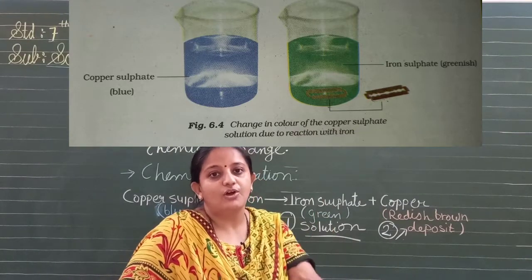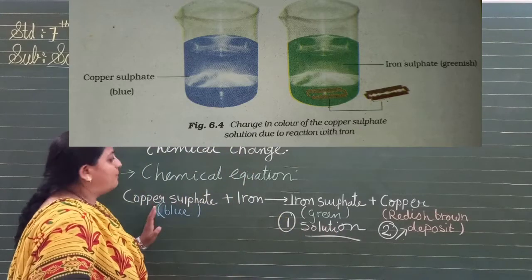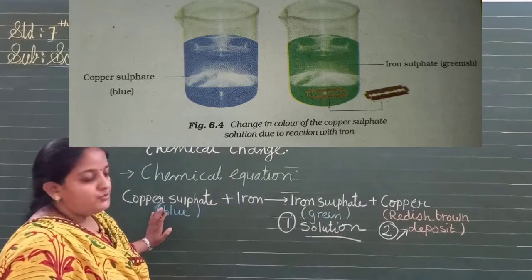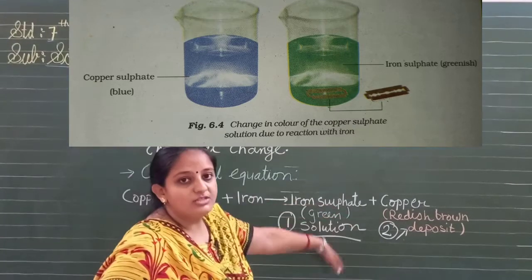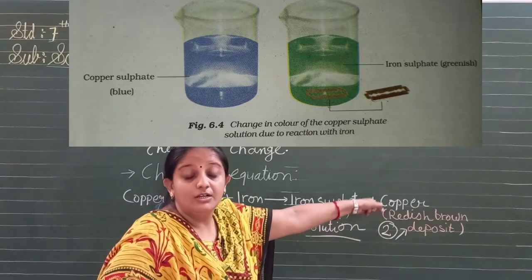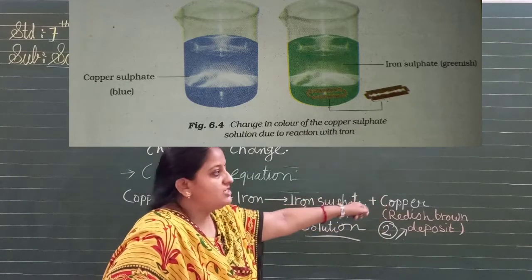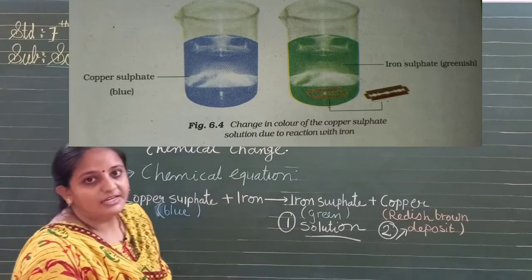This is also a chemical change when iron reacts with copper sulfate, isn't it? When iron reacts with copper sulfate, the solution turns from blue to green and we get a new substance, that is copper. So this is also a chemical change. From this activity we understand this.